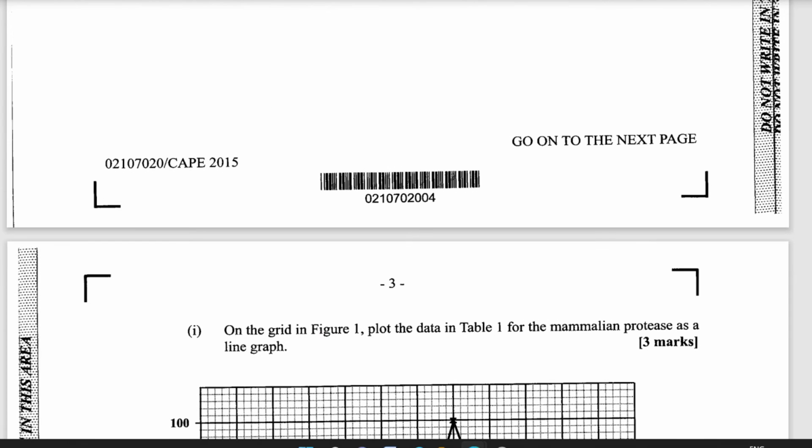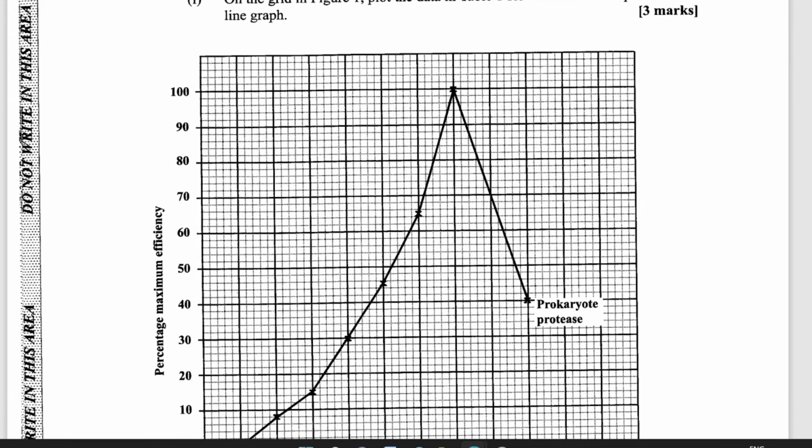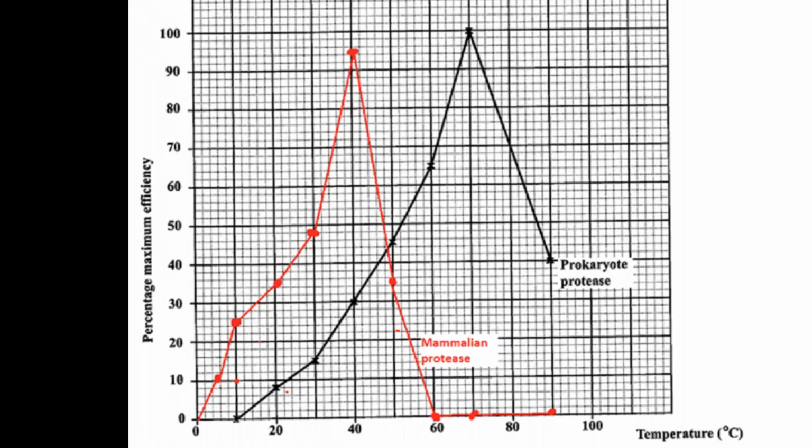So the question here is asking me to plot the data on a graph. They say on figure 1, plot the data for the mammalian protease as a line graph. Here you're seeing what the graph would look like, and this is the plotted points in red. Your marks here will be for correctly plotting the points, connecting them as in a line graph, and labeling, because you have one as prokaryote protease and one as mammalian.